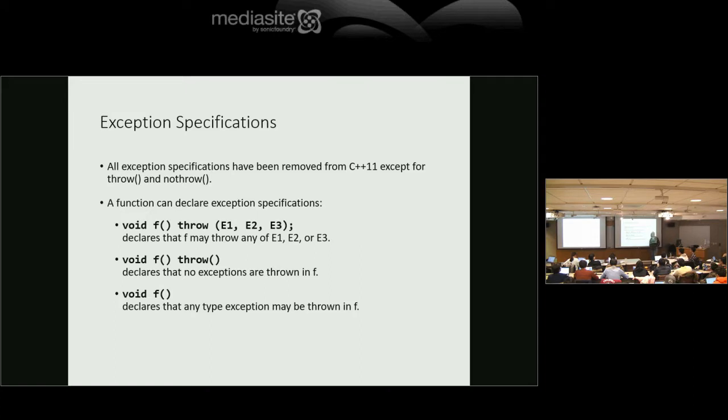Now, I think it calls unexpected. It calls a function unexpected, which does the same kind of thing. By default, it calls abort. This throw has been changed in C++11 to noexcept, which is an interface that guarantees that no exceptions are going to be thrown.